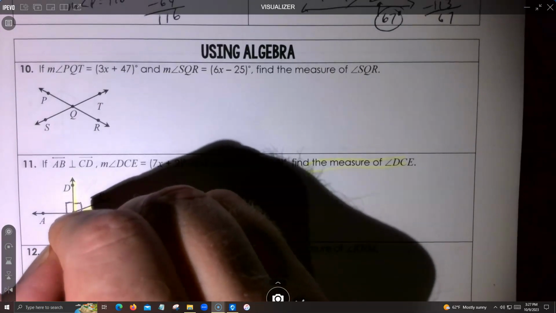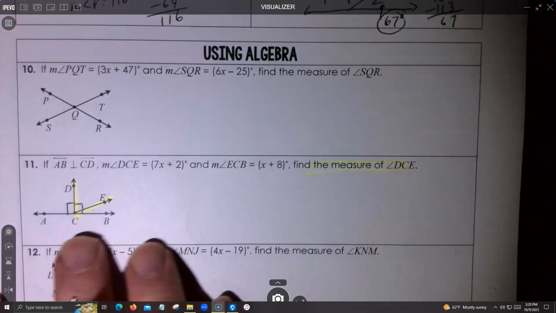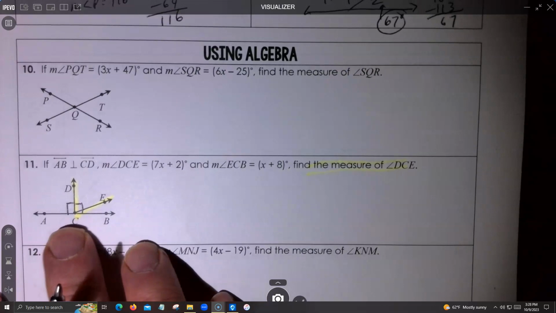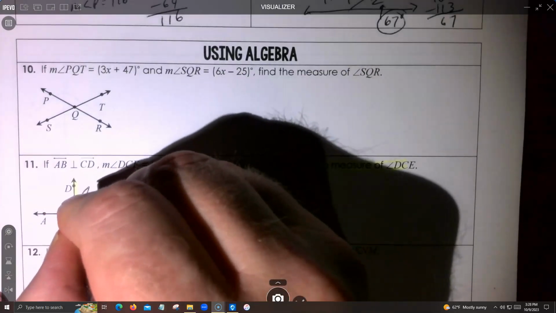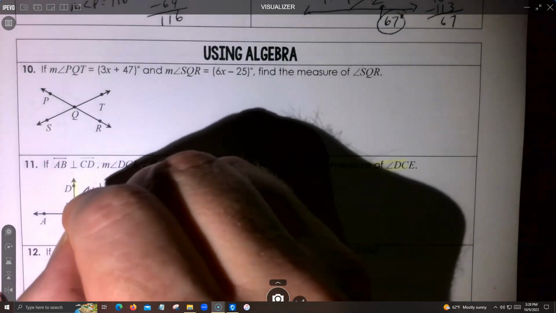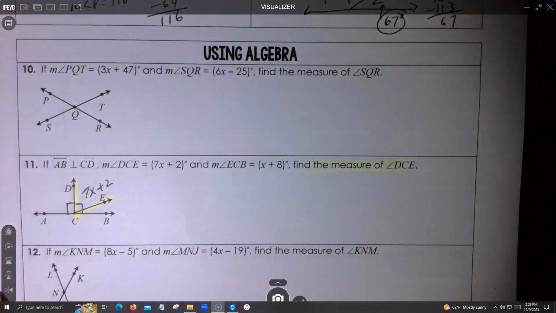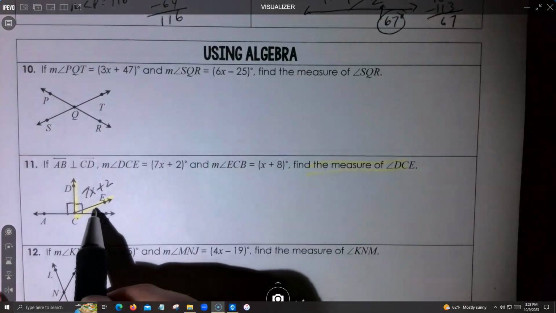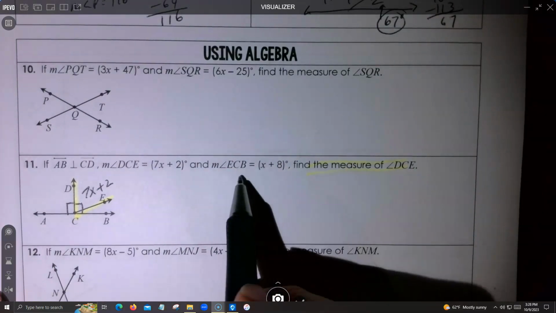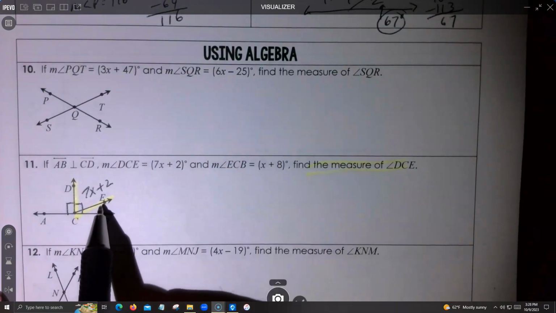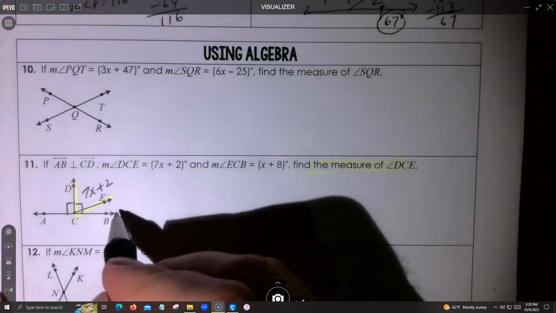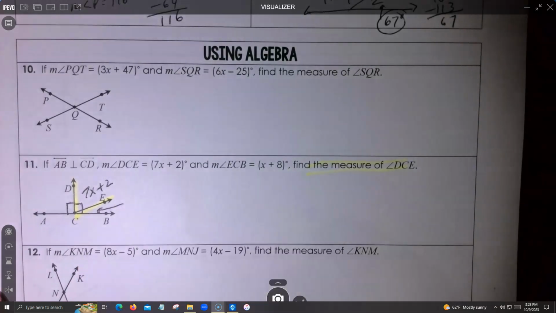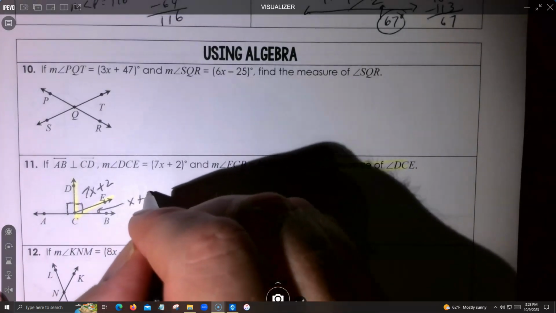So I can put new 90s here just in case I need the 90 on either side. DCE, so inside I'm going to put 7x plus 2. And ECB, that's this guy. Again, follow the letters with your eyes, and remember the middle letter is your vertex, so ECB. So squeezed in here is x plus 8.